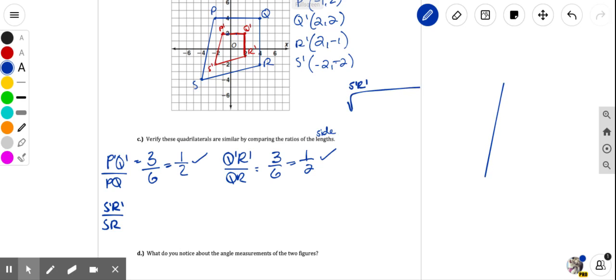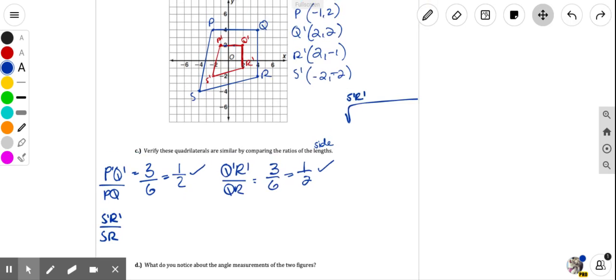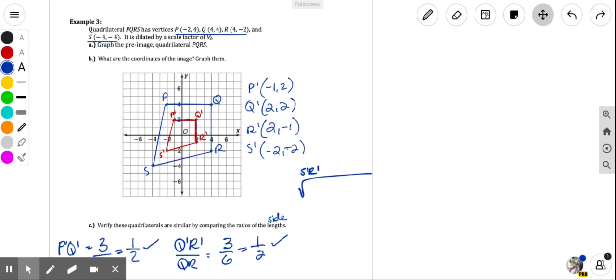So S prime R prime. Where are my points? Oh boy. Where's S? Negative 4 minus 4 squared plus negative 4 minus negative 2 squared. So it's going to be negative 8, and then negative 2.